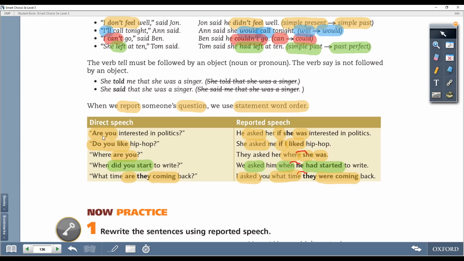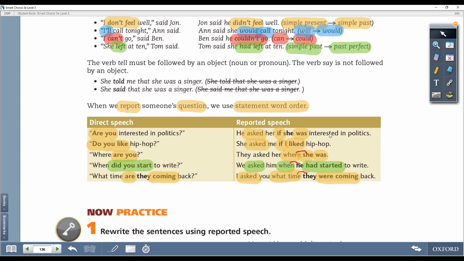So here, "Are you interested in politics?" This is a question. So how do we report? He asked her if she was interested in politics. So when it's a yes/no question, I have to use if. And of course, simple present becomes simple past.